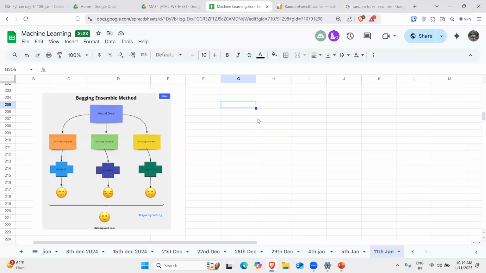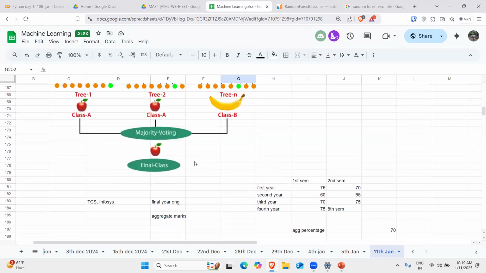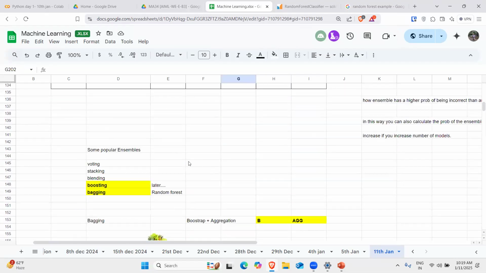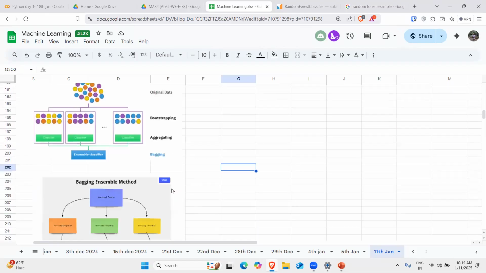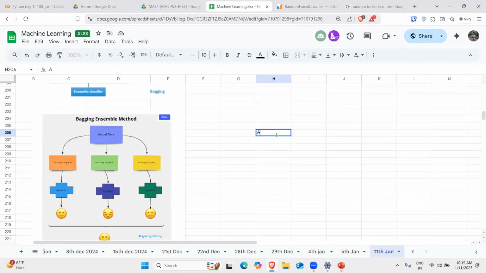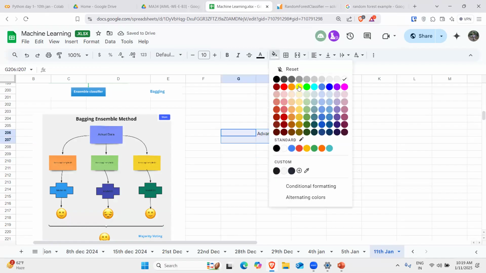What are the advantages of bagging? I'll write down over here. What are the advantages of bagging that you have?